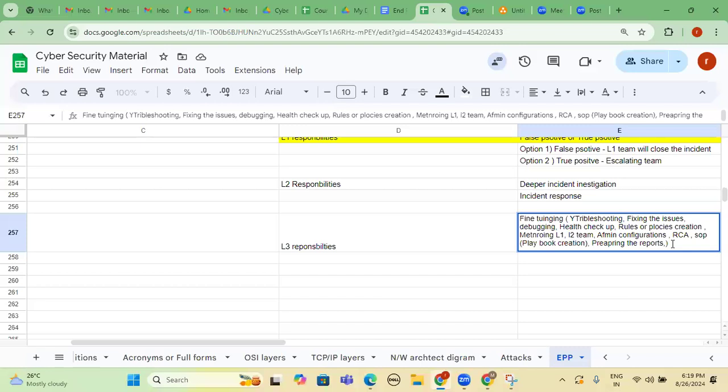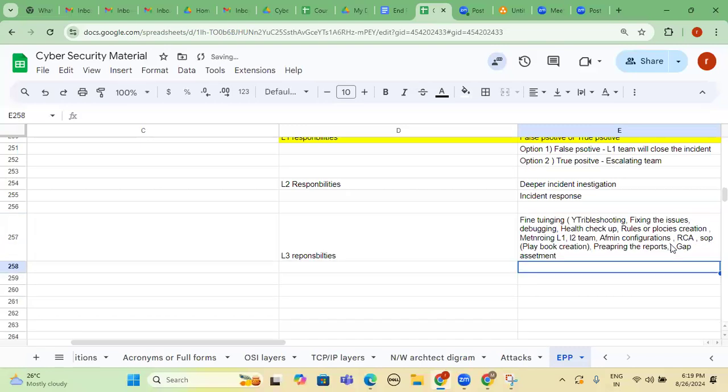Gap assessment. What is meant by gap assessment? Basically, what is the current state of the security tool and what is the desired state of our security solution. Maybe in the current security tool we are not utilizing the proper features.